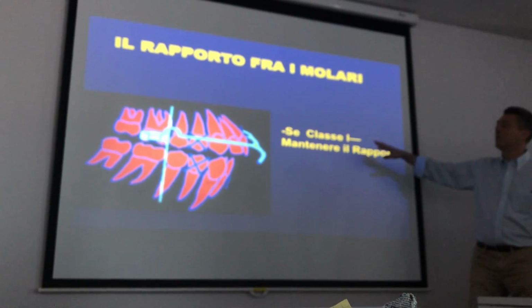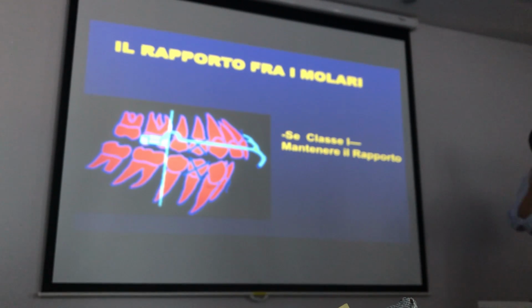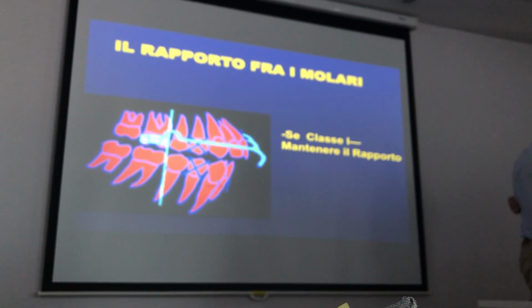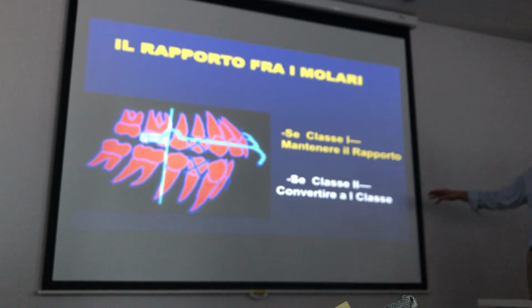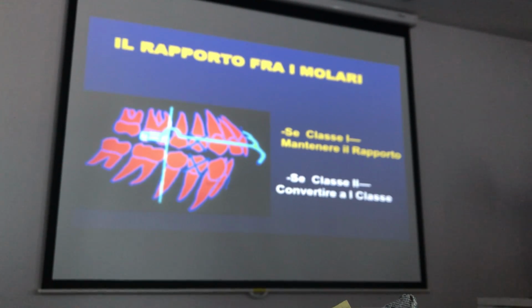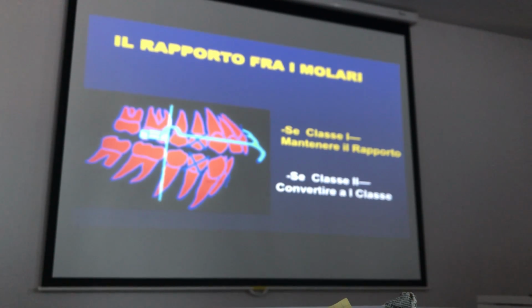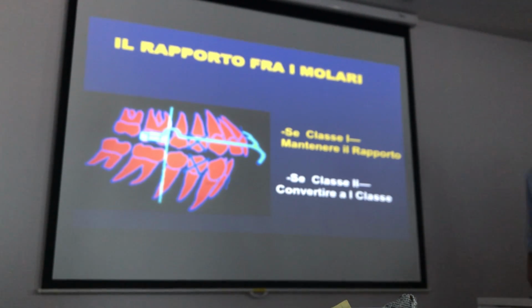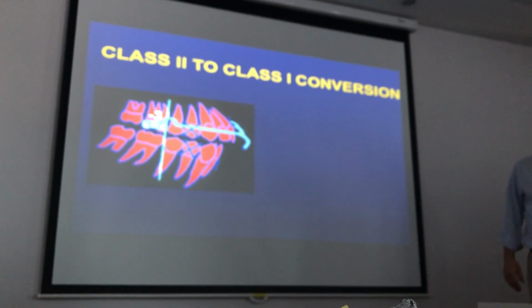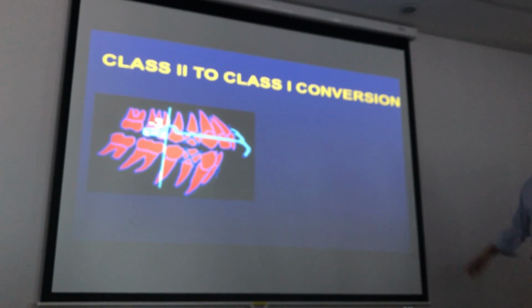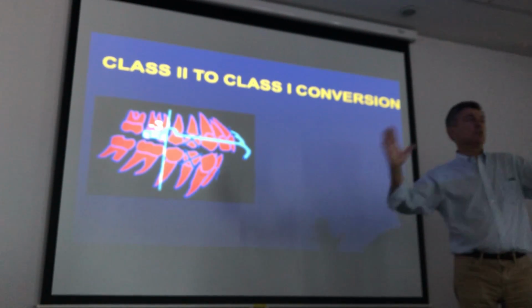If we have a good relationship, we have to maintain a class 1. If we have a class 2, we have to convert class 2 to a class 1. Let's say now what is going to happen. We want to bring a class 2 to a class 1.